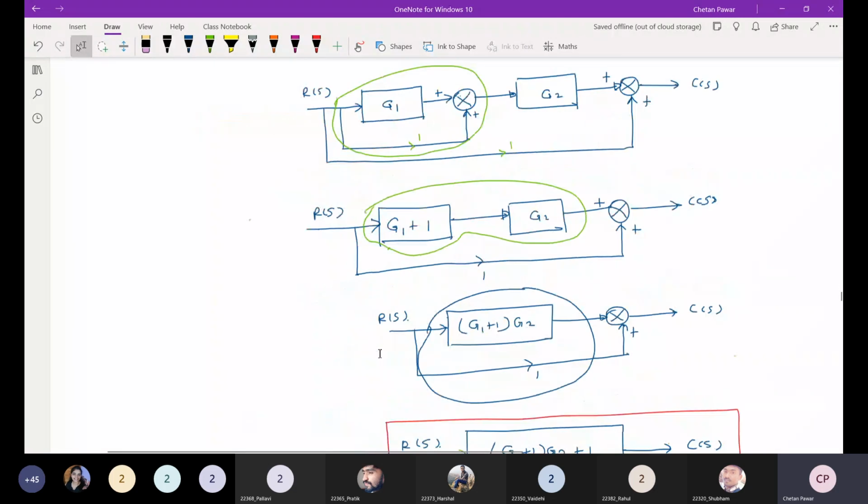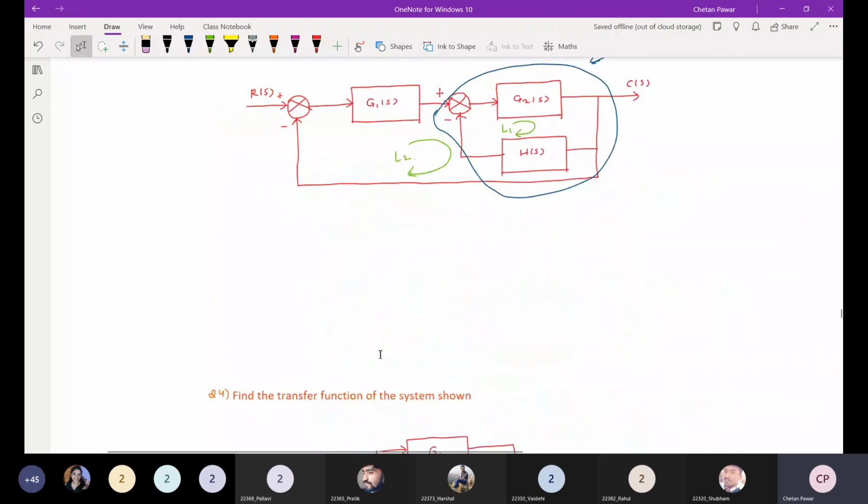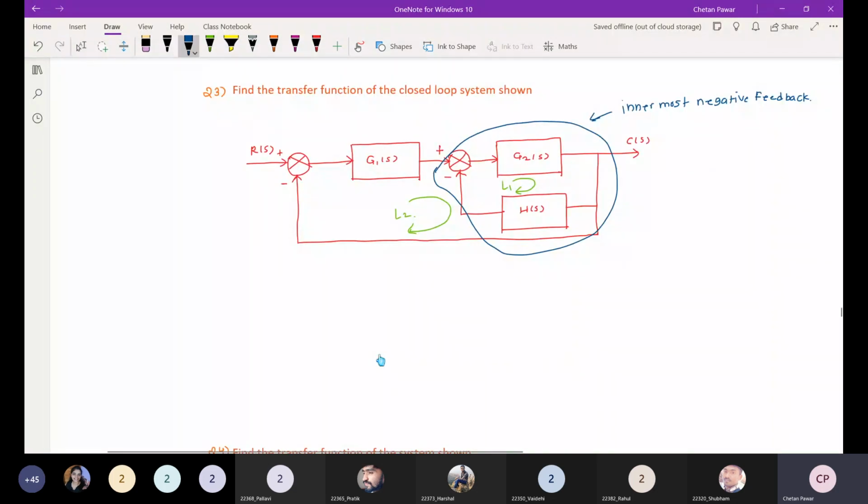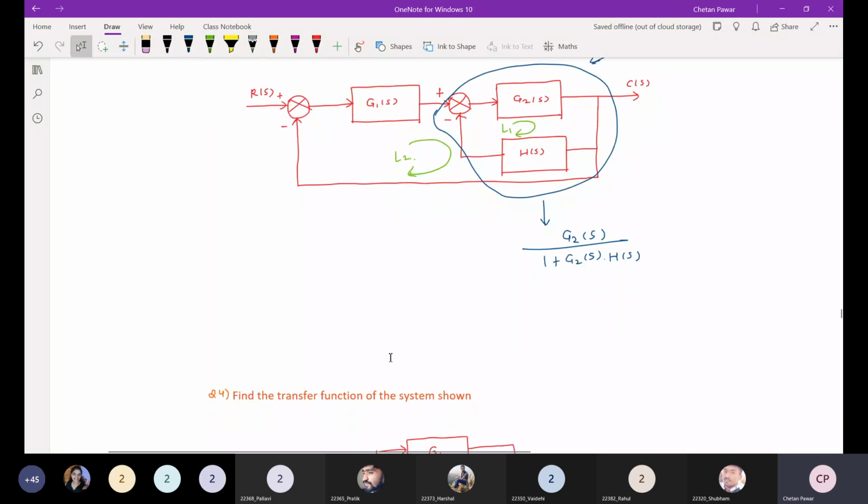So now can you tell me what will be the transfer function for this particular loop then? So I can represent this particular block as G2 of S upon 1 plus G2 of S into H of S. Yes. Right. So I can place that in the block diagram.